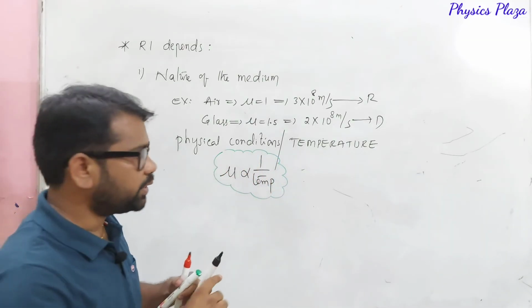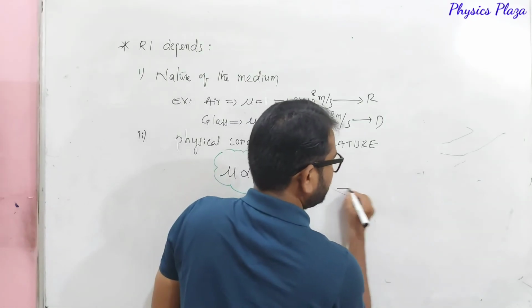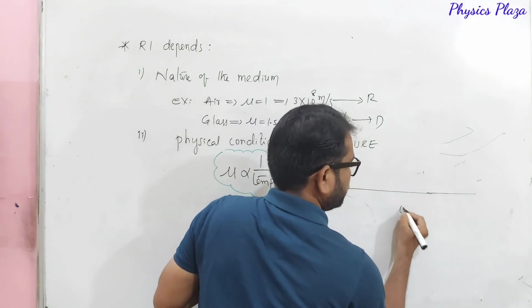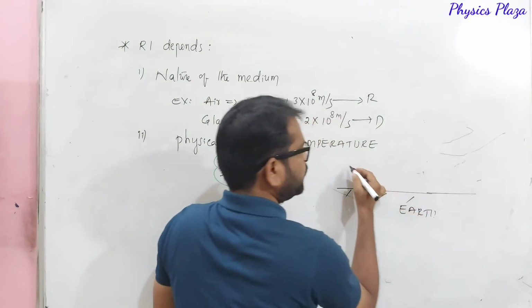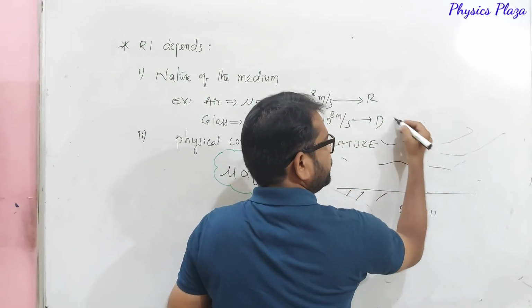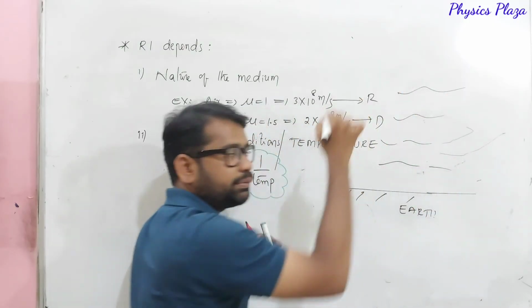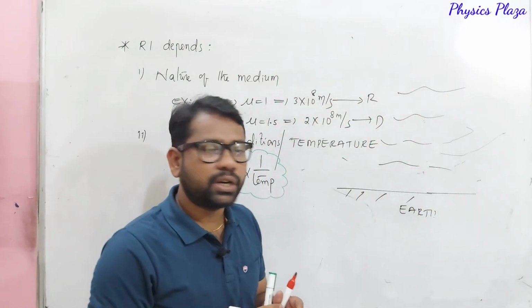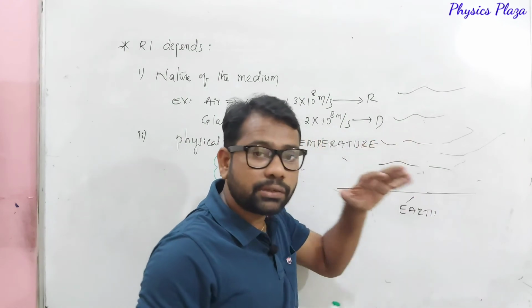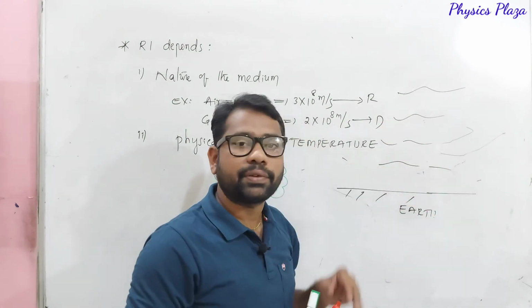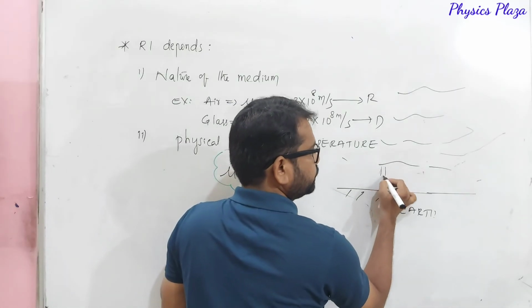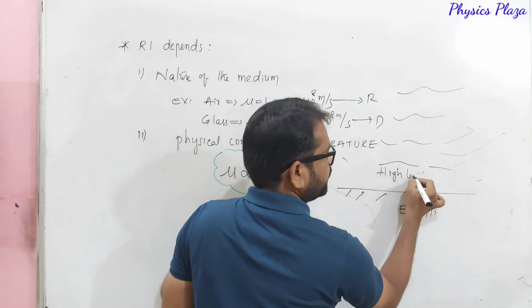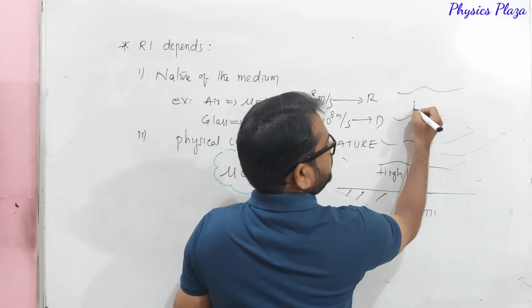Dear children, during the summer, for example, let us take the earth surface. We know that the atmosphere is made of different layers. No doubt about it, the layers of air near the earth surface have more temperature, so it is high temperature here, whereas here it is low temperature.